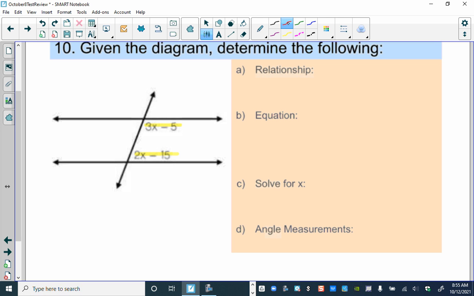Given the location of those 2 angles, who could tell us what we have going on here? If you have to look through your notes, that's fine. What's that? Close. I'll give you the interior part. Consecutive interior.